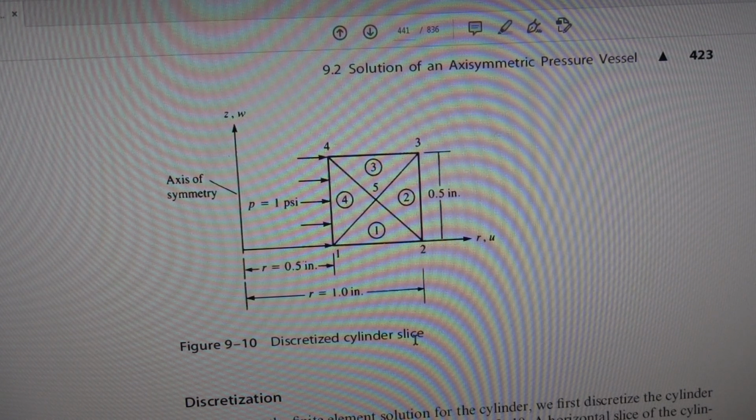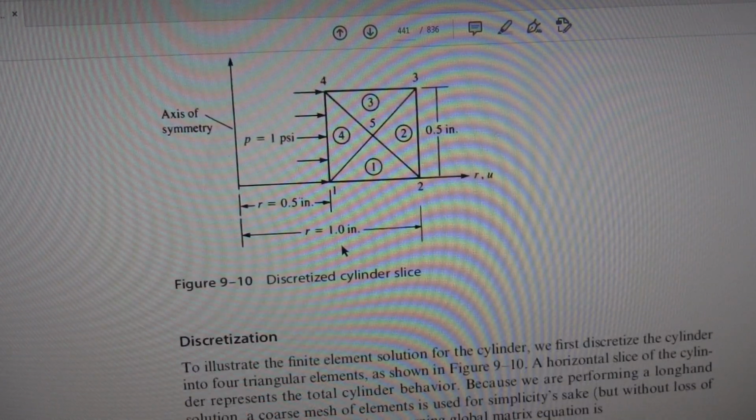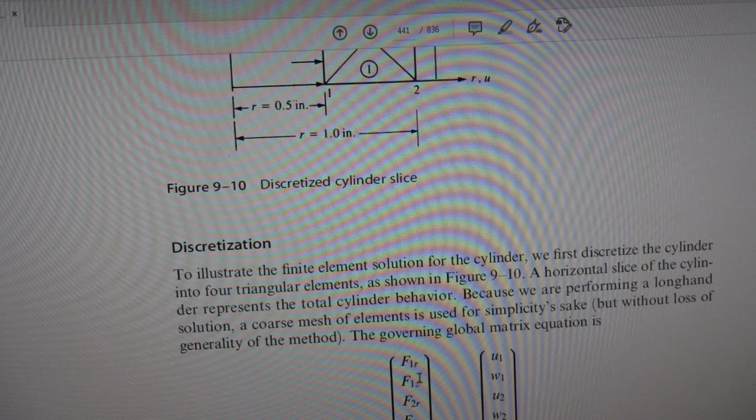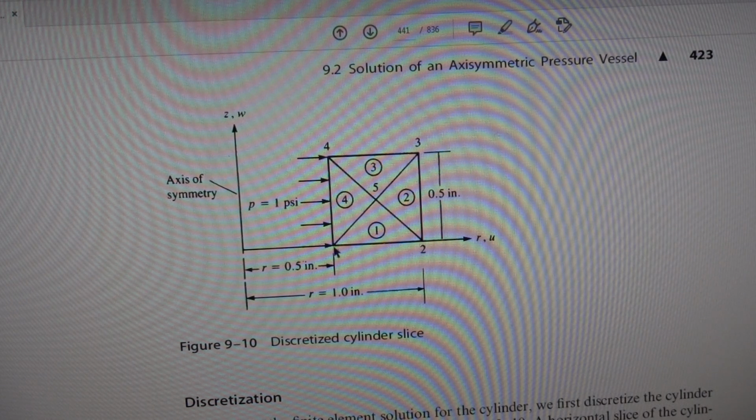There are 2 degrees of freedom per node. So the total degrees of freedom would be 8 for the plane problem. But the total number of nodes here is 5, nodes 1, 2, 3, 4 and node 5.